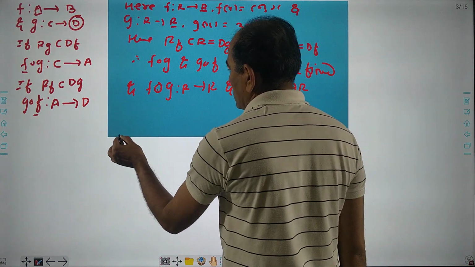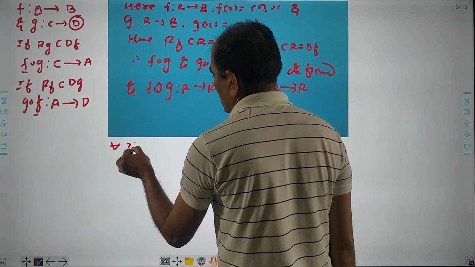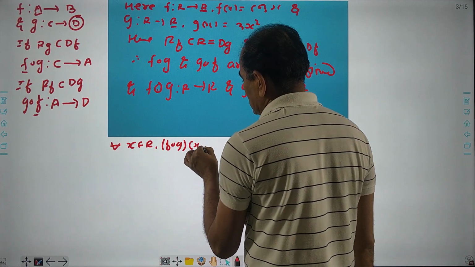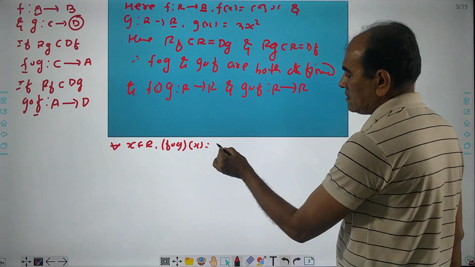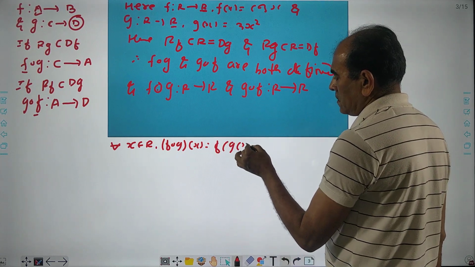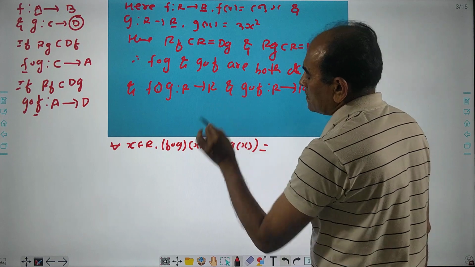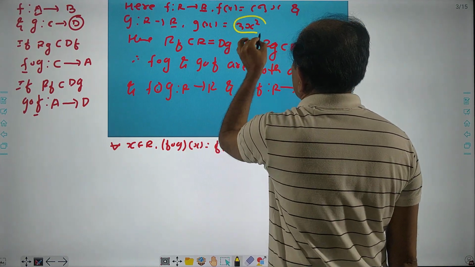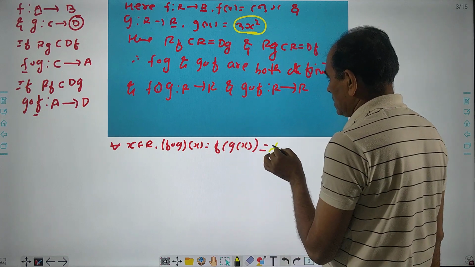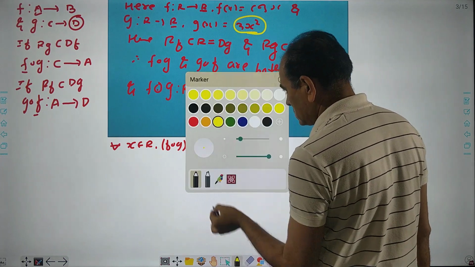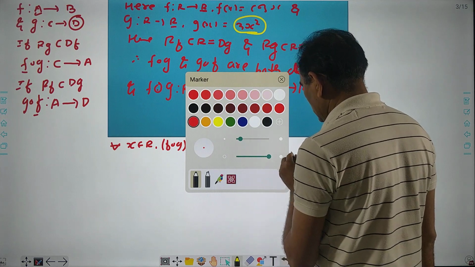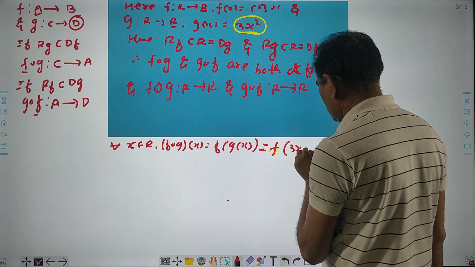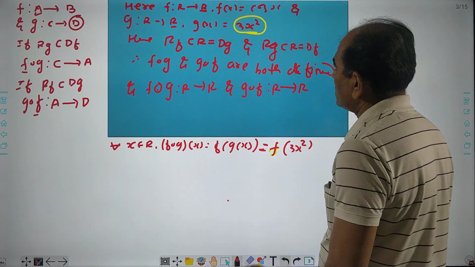Now, for all x belongs to R, f of g at x is equal to f of g of x. What is g of x, given here? See, g of x is 3x squared. So that is equal to f of 3x squared.